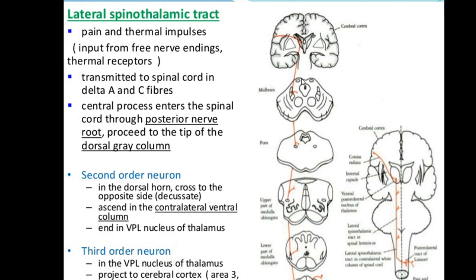They reach to the thalamus. From here, the fibers pass in the thalamic radiation to the cerebral cortex.